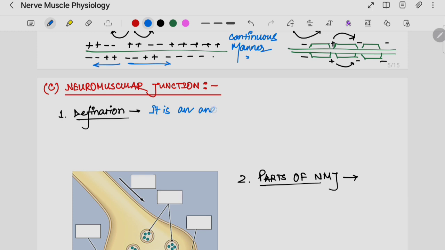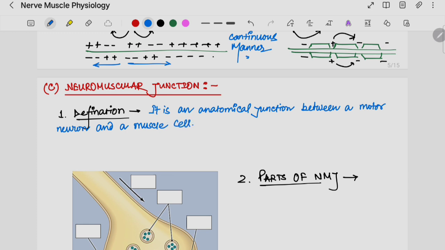Where an action potential transmitted along the motor neuron is converted into an action potential in the muscle cell. So basically this junction conveys the action potential from the neuron to the muscle cell, or we can say the motor end plate.